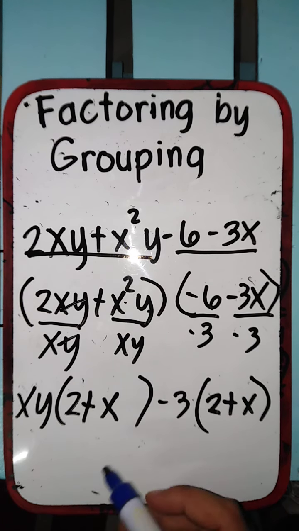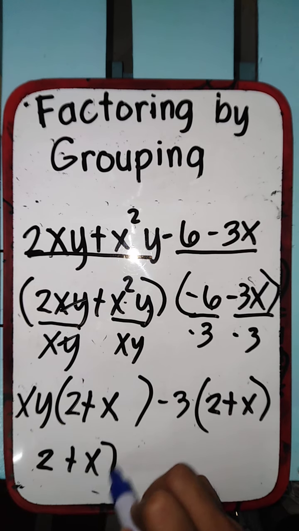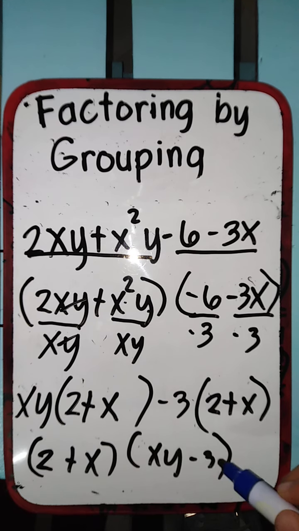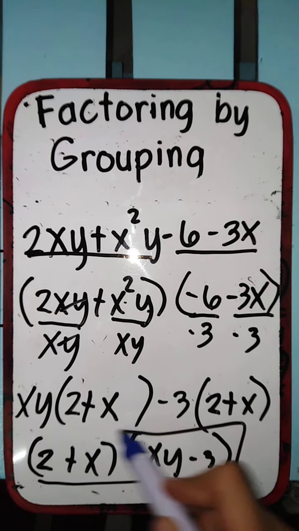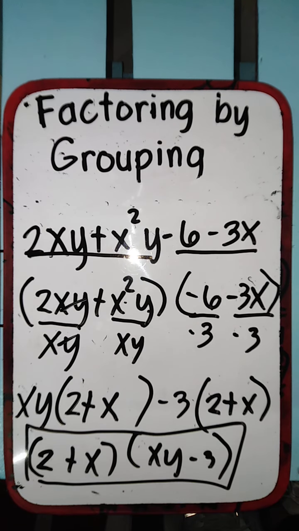So again, our factor is 2 plus x and xy minus 3. This is our factor for the polynomial 2xy plus x squared y minus 6 minus 3x.